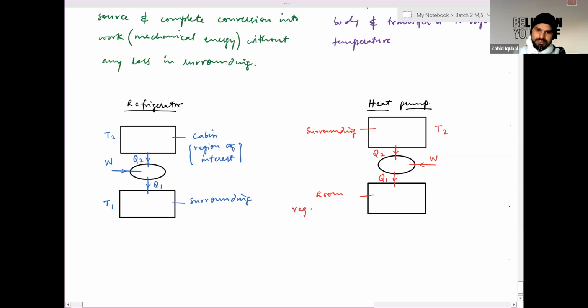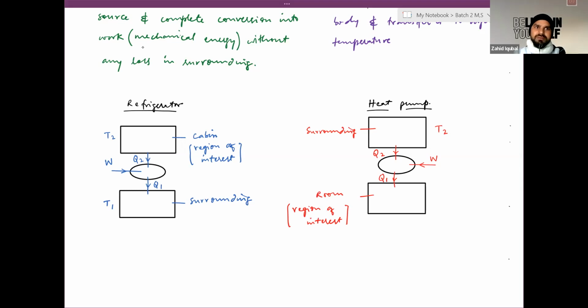So we can call it the region of interest. Both are doing the same work, but the region of interest is different for each part. Hence, their efficiency or working performance will be different.